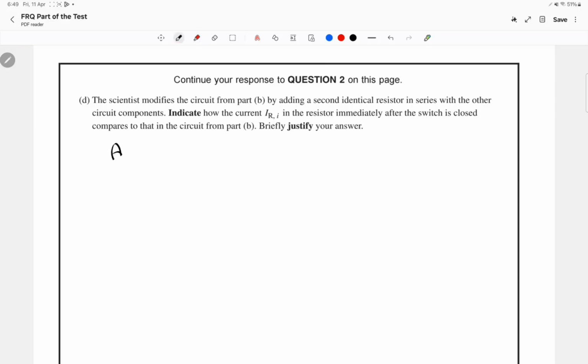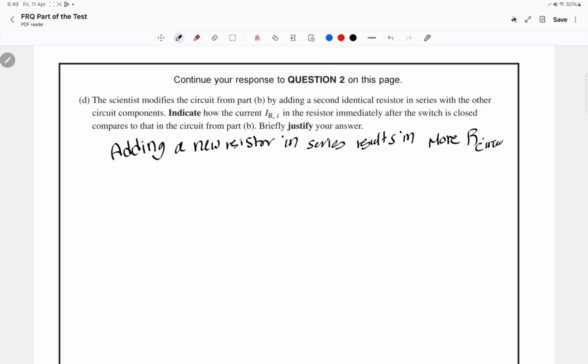So we're going to say adding a new resistor in series results in more R circuit. So V is equal to I times R circuit, to keep V constant.